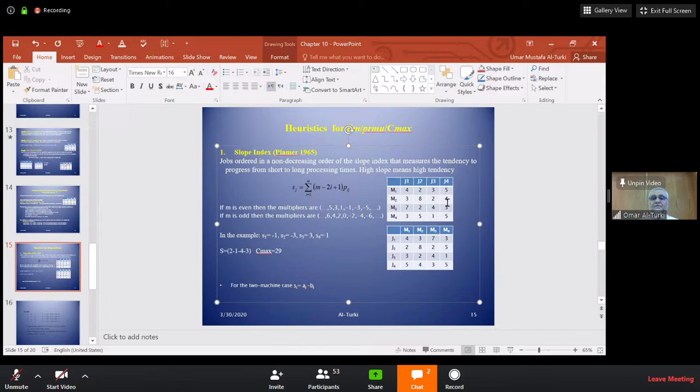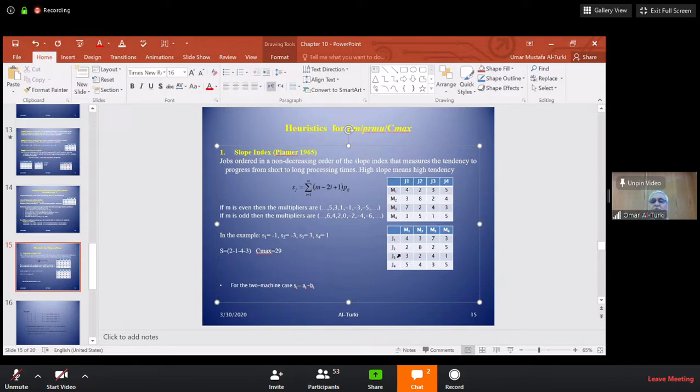Can you guess? Exactly. The rows are columns and the columns are rows. It's the same problem. You just take the transpose of that. It will be the same.